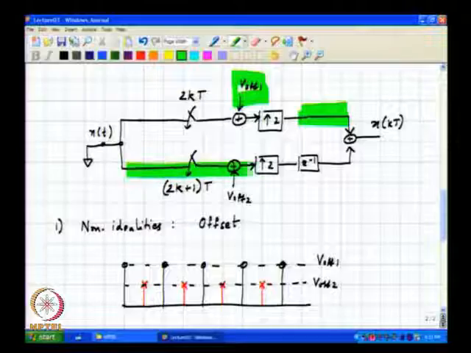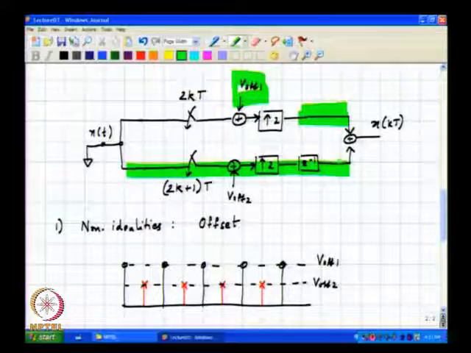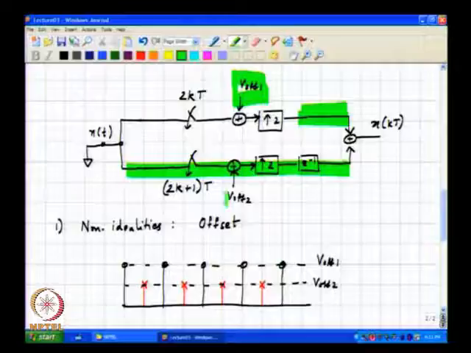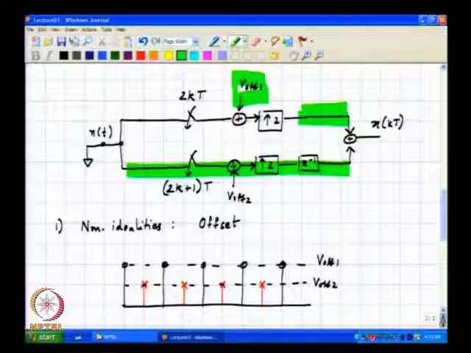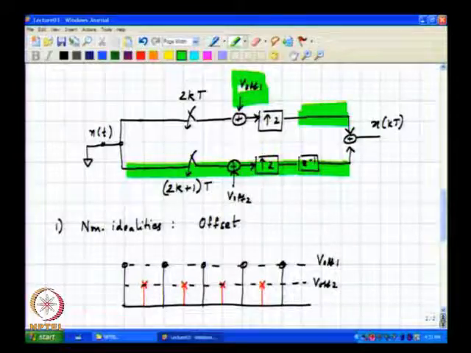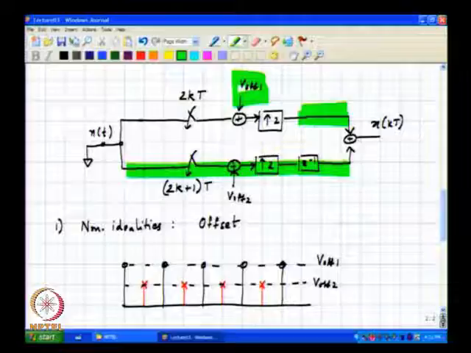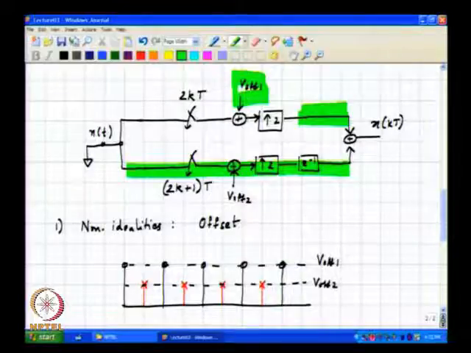This channel on the other hand also adds offset, but its offset is not the same as the offset added by the first channel, and this can happen in practice due to mismatch in the circuits that I use to implement these systems. So let us not worry at this point about where these offsets are coming from and why they are different. We just take for granted that this is what would happen in practice.